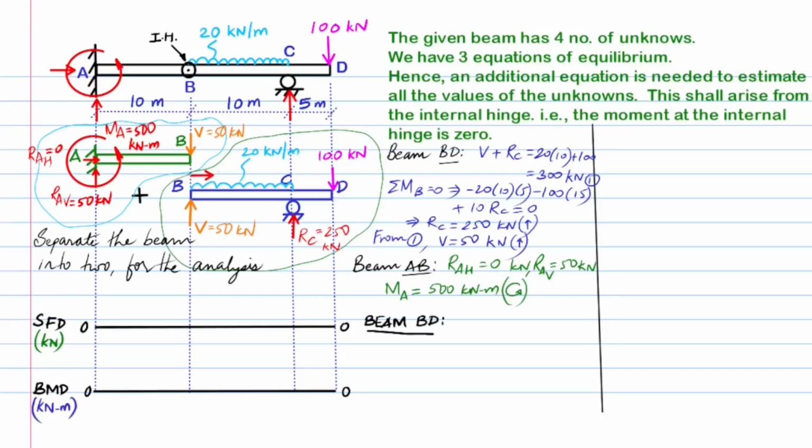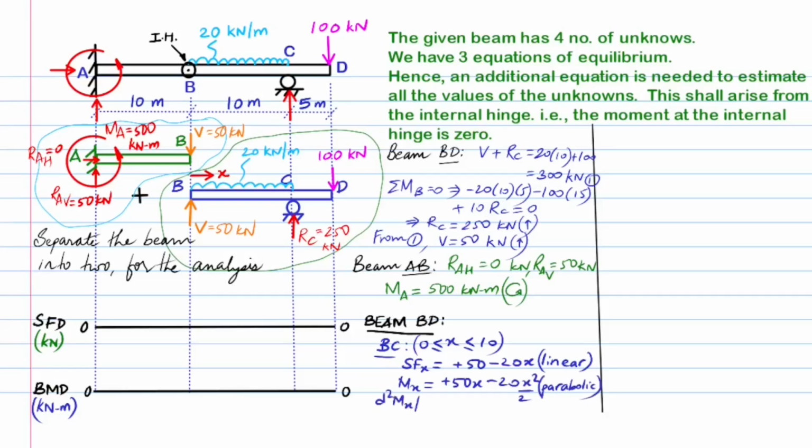Now the distance x is greater than or equal to 0 and less than or equal to 10 meters, for which the shear force at x equals plus 50 minus 20 times x, which is linear with respect to x. The bending moment at x equals plus 50 times x minus 20 times x squared over 2, which is parabolic with respect to x. The double derivative of the bending moment equation is found to be negative and hence the locus curve over this region is of a maxima type.